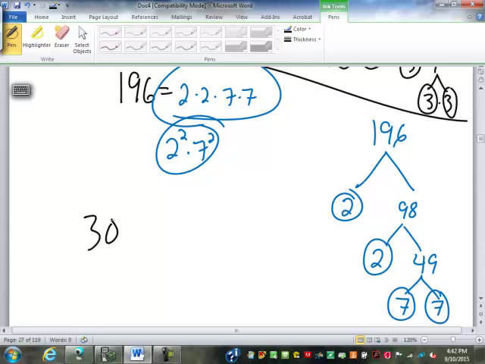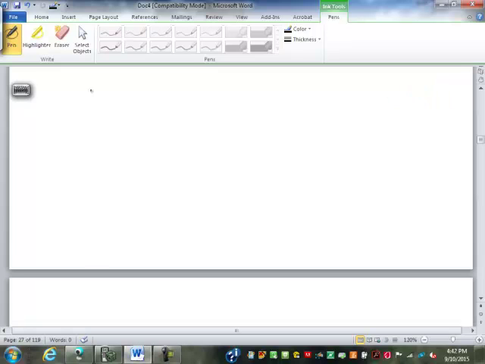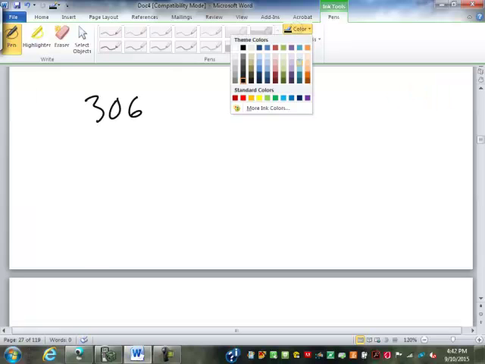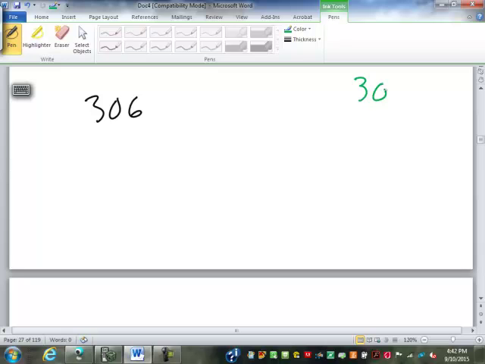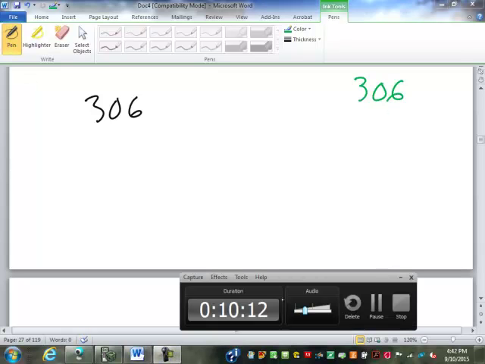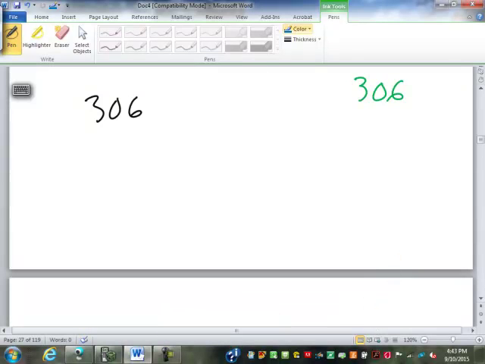One more for you to try. 306. Prime factor that one quick. So if we look at it, not divisible by 10, not divisible by 5, but it could be divisible by either 2 or 3.